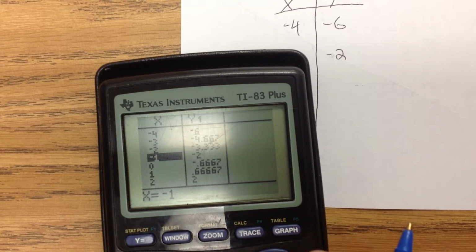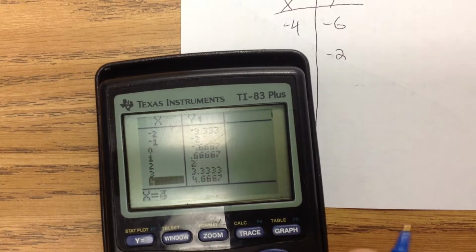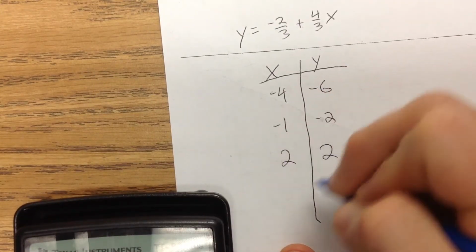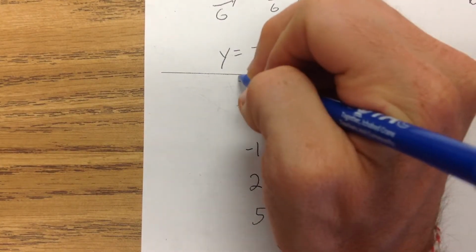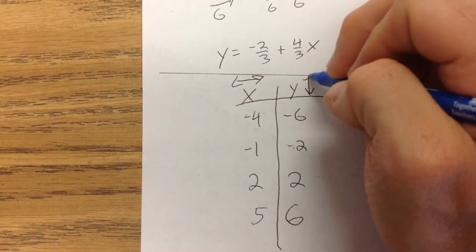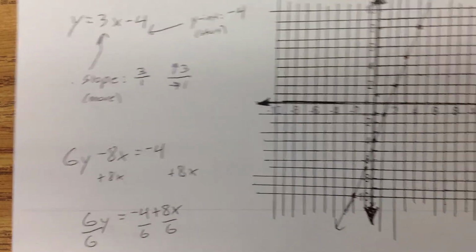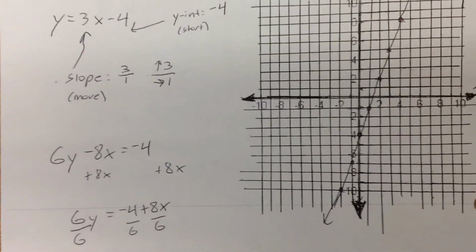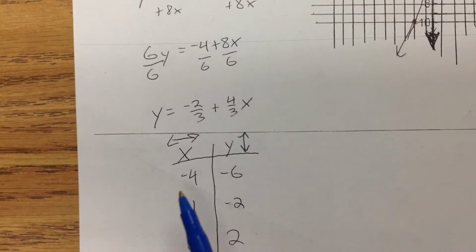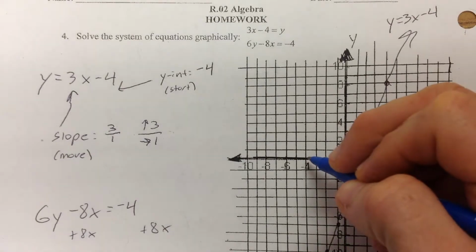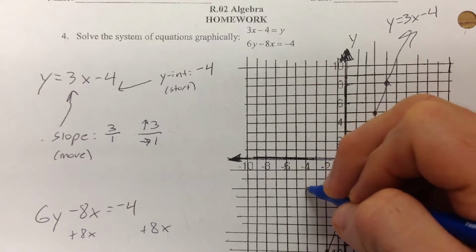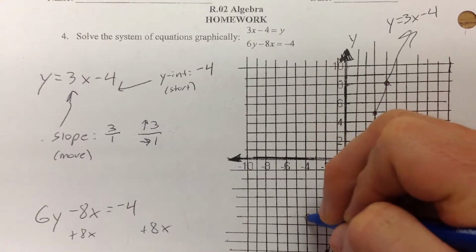Then I'm going to skip a bunch and do (2, 2), and then also (5, 6). Okay, so I've got my points there. Remember, the x is your left to right, the y is your up and down. So (-4, -6), which was one of my points, would be back 1, 2, 3, 4, and then down 1, 2, 3, 4, 5, 6.